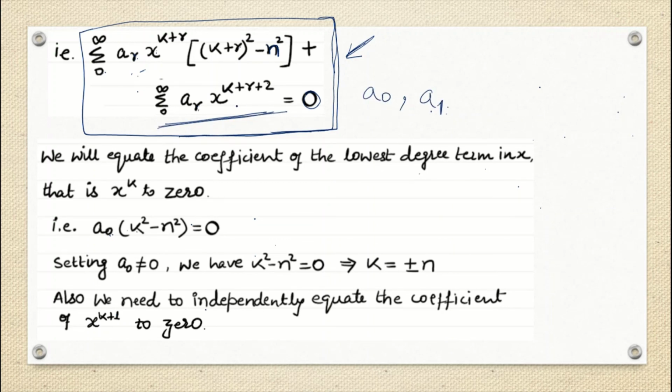The reason is the minimum power of x here will be x to the power k plus 2. So to find a naught, when r is 0, because your series does not start with negative, it starts with 0, you will take consideration of this term when you find the power of x which is k plus 2 or more than k plus 2.